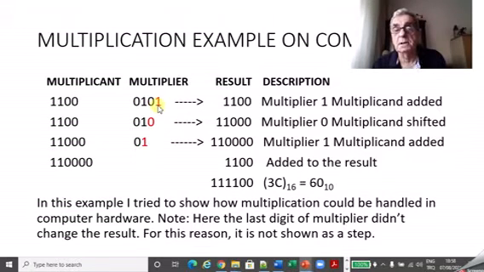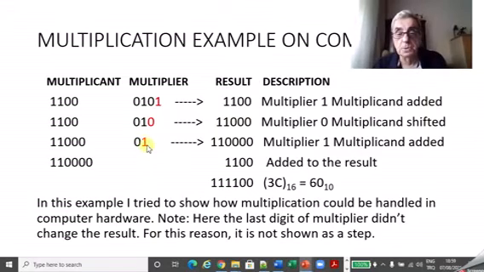Since the least significant digit of the multiplier is 1, we add the multiplicand to the result. Since the next digit is 0, we shift the multiplicand or result one digit to the left.